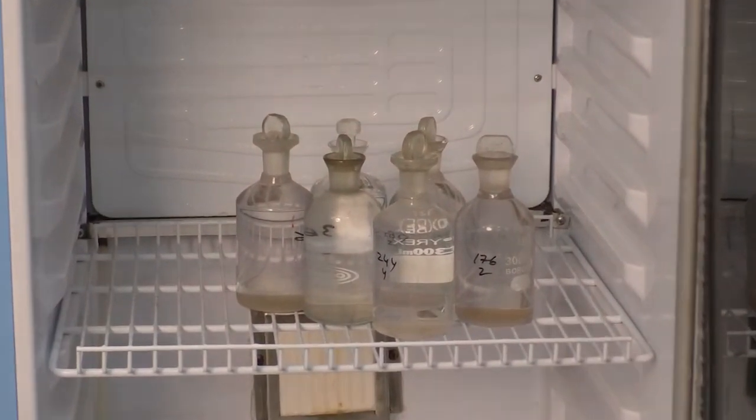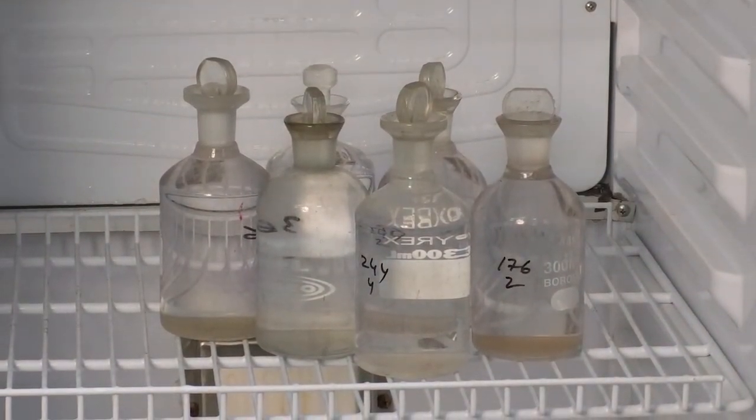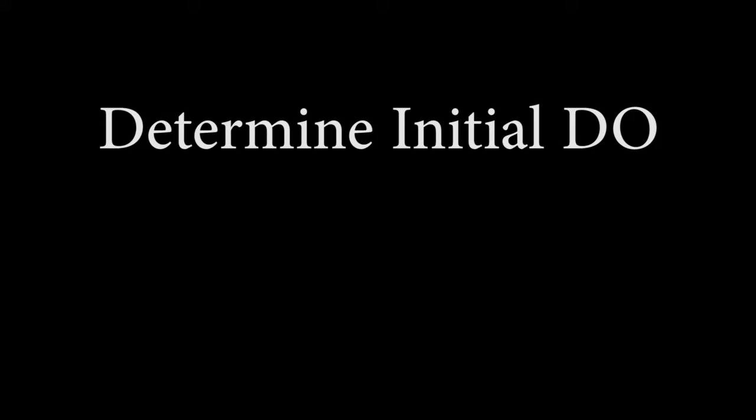Then we will put the BOD bottles inside an incubator at 20 degrees Celsius. We will put one BOD bottle from each of the samples into the BOD incubator for 5 days. Now the samples from the other BOD bottles will be used to determine the initial dissolved oxygen of each of the samples along with the dilution water.